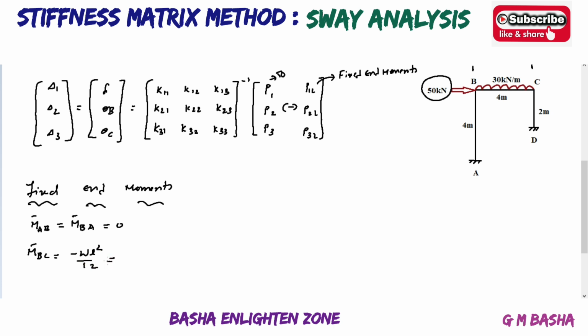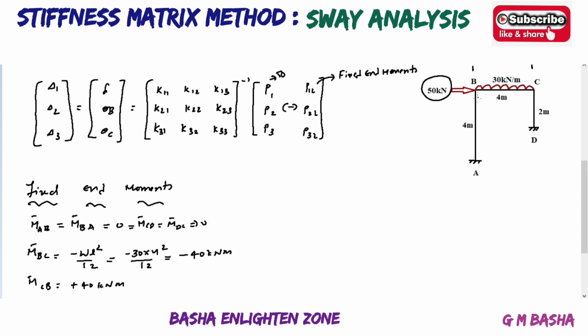If you simplify, minus WL square by 12 means minus 30 into 4 square by 12. How much will it be? It will be minus 40 kilonewton meter. Similarly, M bar CB will be equal to plus 40 kilonewton meter, that is plus WL square by 12. Similarly, M bar CD and M bar DC will be equal to 0.